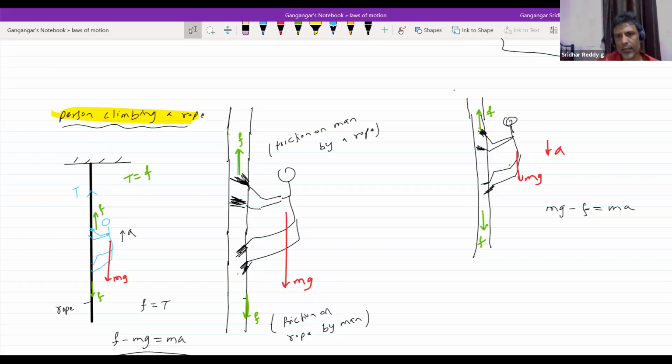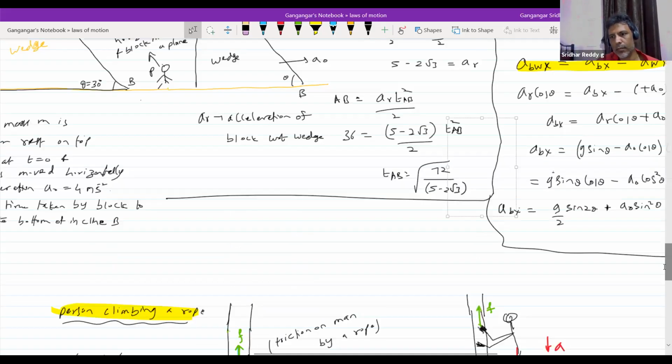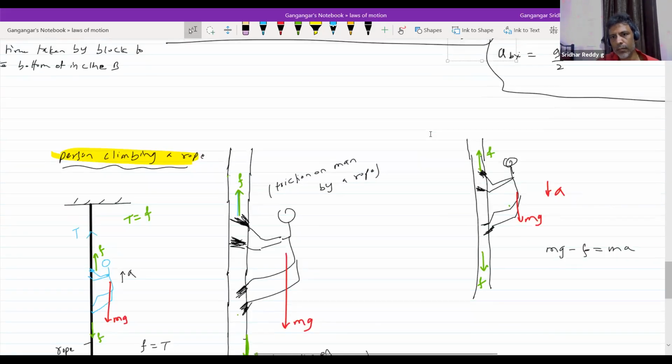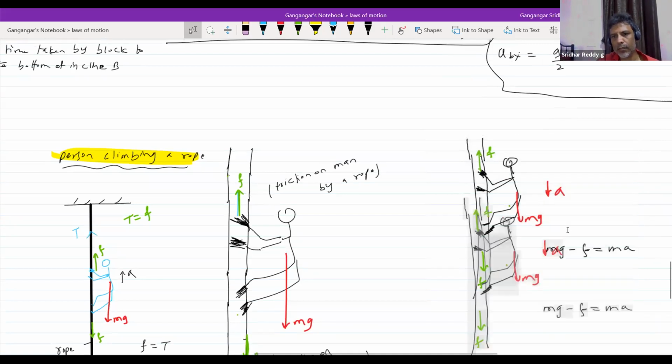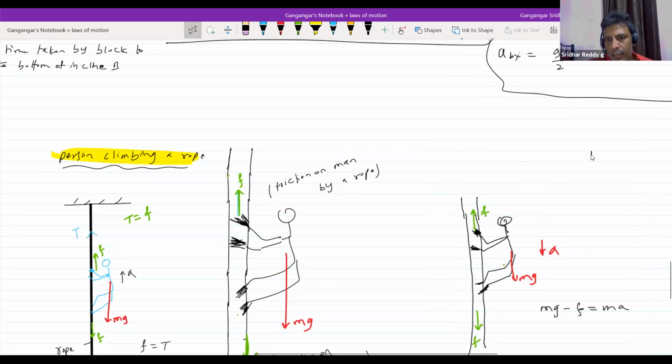I will shift this diagram down. Okay, I'll extend the rope. It's not a rod.